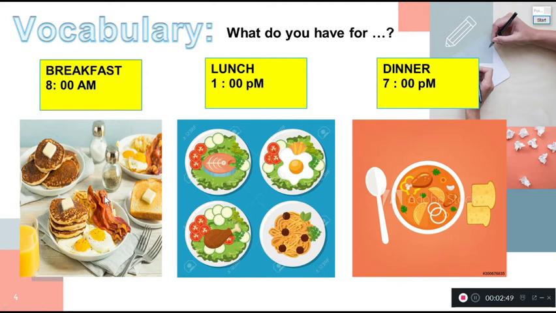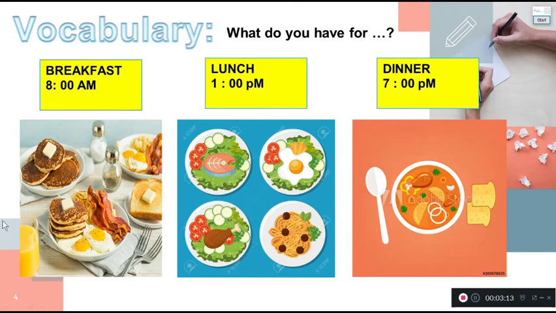Podría ser. Entonces, vamos a hablar también del vocabulario relacionado a breakfast. Do you know what breakfast means? La comida que usualmente tenemos, por ejemplo, en la mañana. We usually eat this in the morning. Exacto, desayuno.